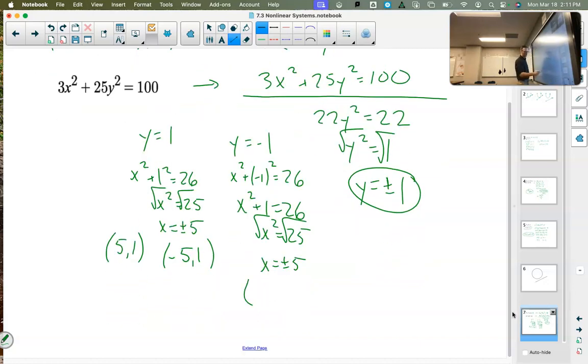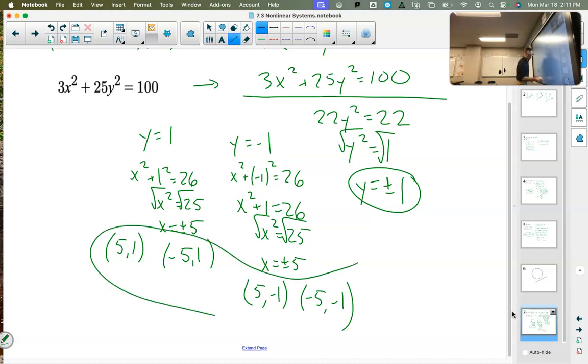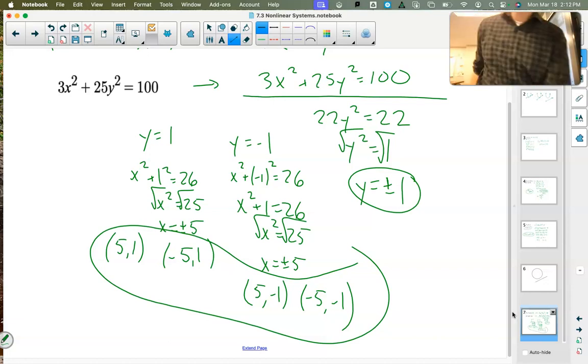We end up with the point 5, negative 1, and we end up with the point x equals negative 5, y equals negative 1. How many solutions did we end up with here? 4. 4 solutions.